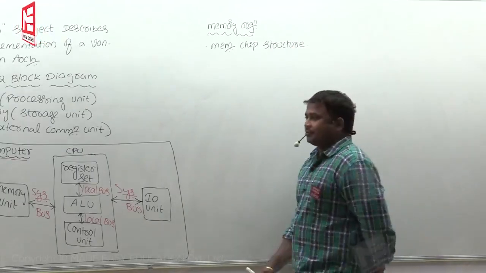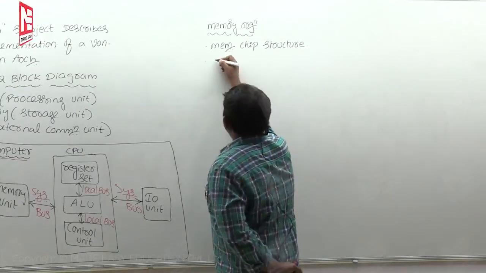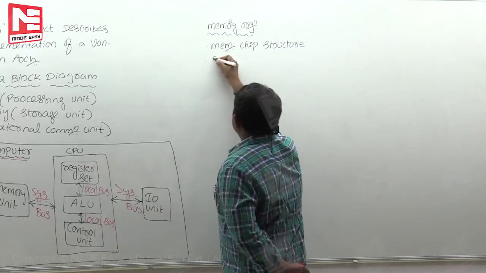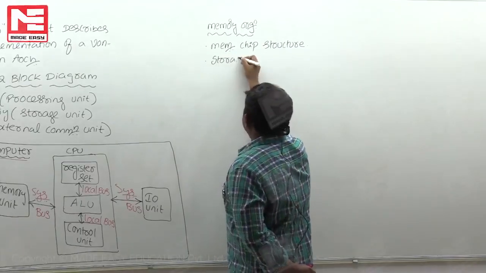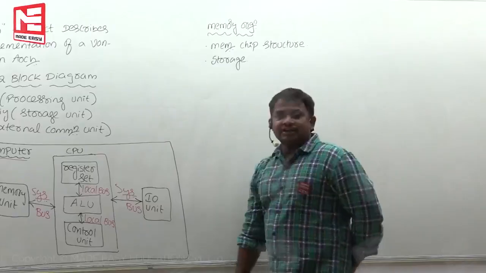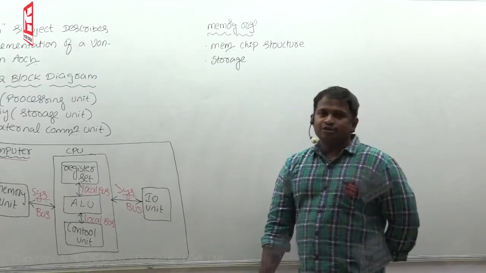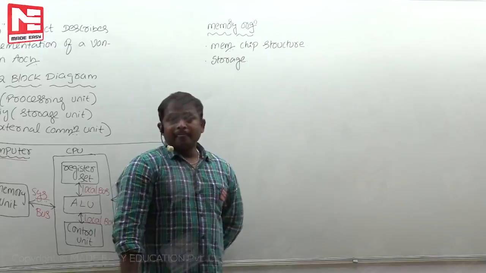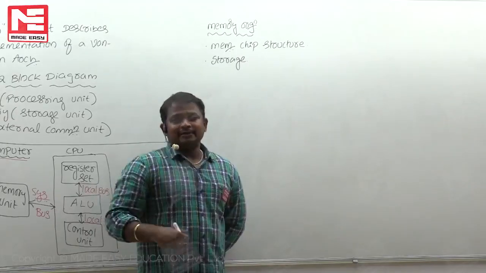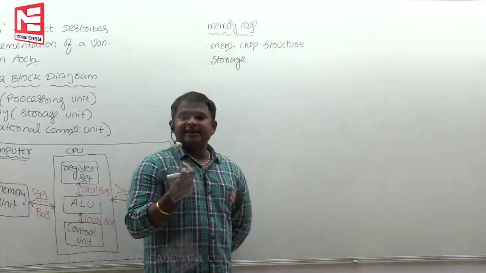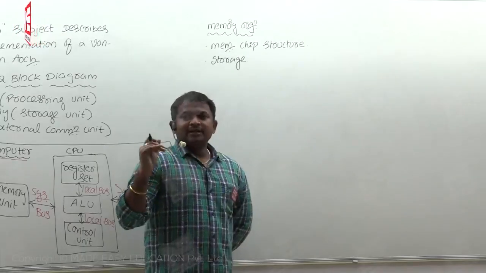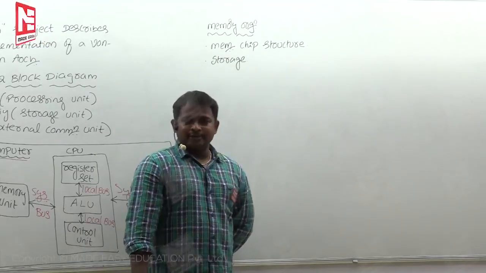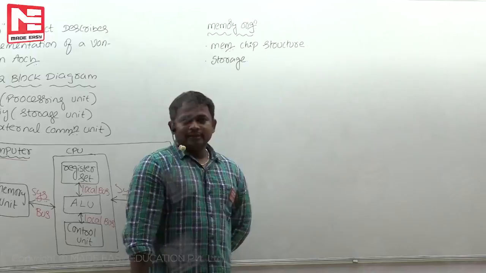Memory chip structure. Right? Next, the memory chip is used to store the program, so the functionality of the memory is storage. In the memory chip, we have equal parts. That means the memory chip is divided into equal parts. Each part in the memory chip is called a cell. Correct?